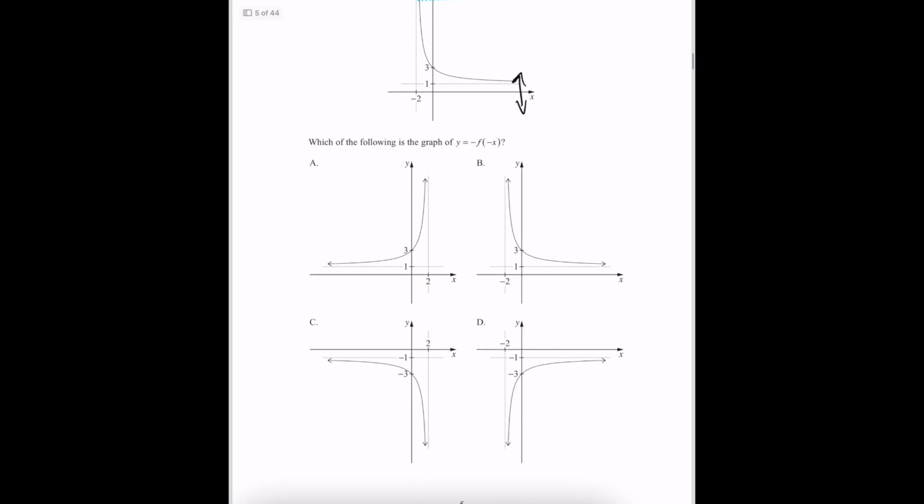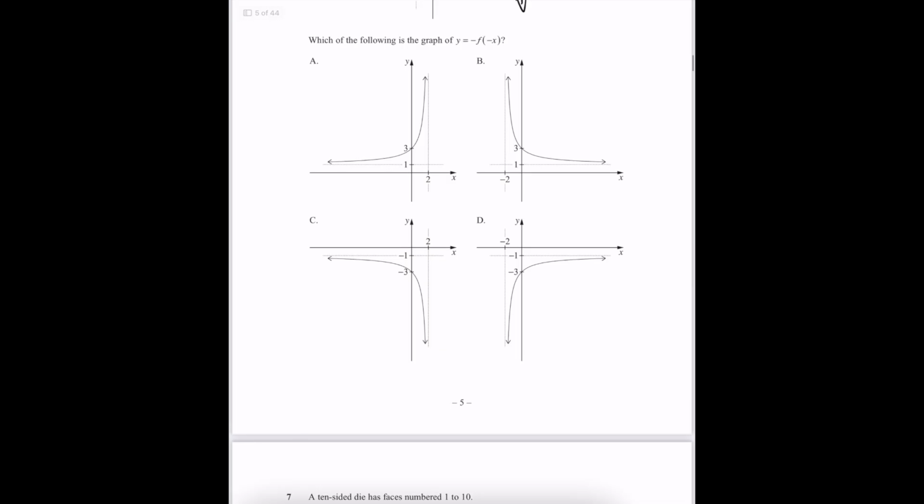And that is going to lead us to C. So we can see that C is just a reflection of A across that x-axis. We can see that the asymptote of 1 now turns into an asymptote of -1, and that y-intercept of +3 turns into a y-intercept of -3.